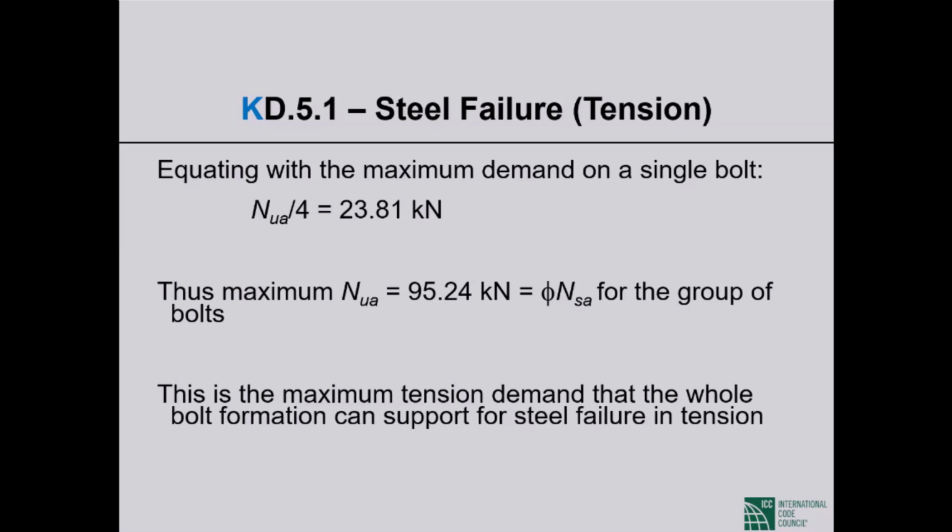So if a single anchor can be subject to 23.81 kilonewtons, the group can be subject to a design tension strength of 4 times 23.81, which is 95.24. This is the maximum tension demand that the whole bolt formation can support for steel failure in tension, 95.24 kilonewtons.